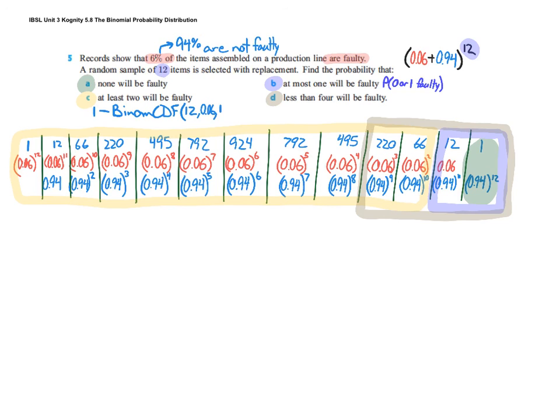So that right there will subtract the probability of having no faulty ones or 1 faulty one, and that'll give us the probability of getting at least 2 faulty ones. So we have to do the CDF of 12, 0.06, 1, and 1 minus that. The CDF up to 12 is going to just give us 1, because that's everything.